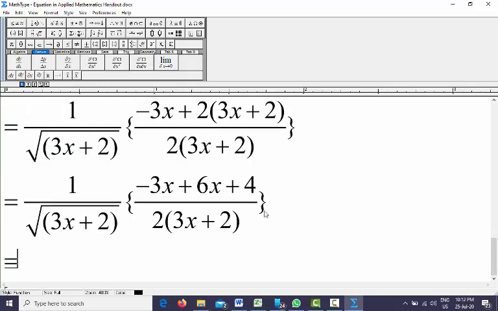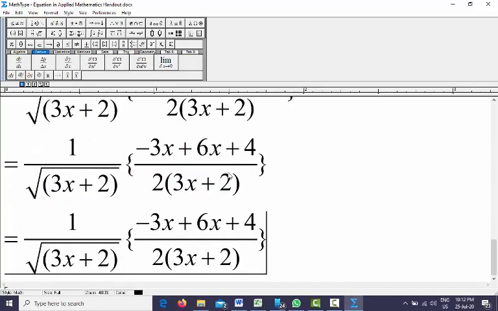Now what we can do, this one will get multiplied by this one, so you can write it like 3x plus 2.